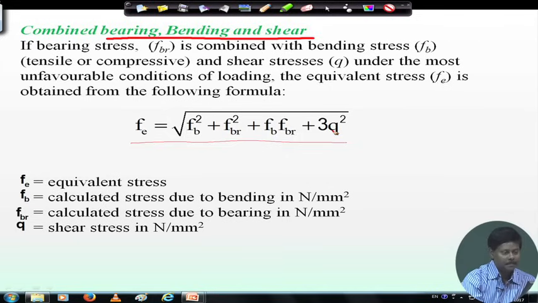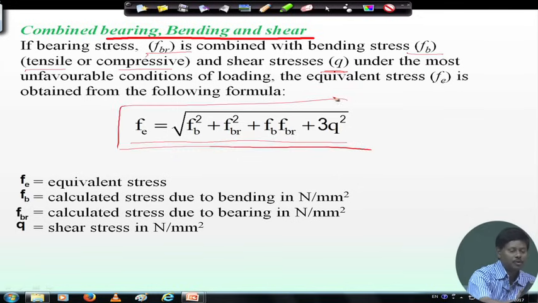That is, if bearing stress fbr is combined with bending stress, which may be tensile or compressive, and shear stress q under the most unfavorable condition of loading, then the equivalent stress fe can be obtained as fe equals square root of fb square plus fbr square plus fb into fbr plus 3 q square, where fe is the equivalent stress, fb is the calculated stress due to bending, fbr is the calculated stress due to bearing, and q is the calculated stress due to shear.